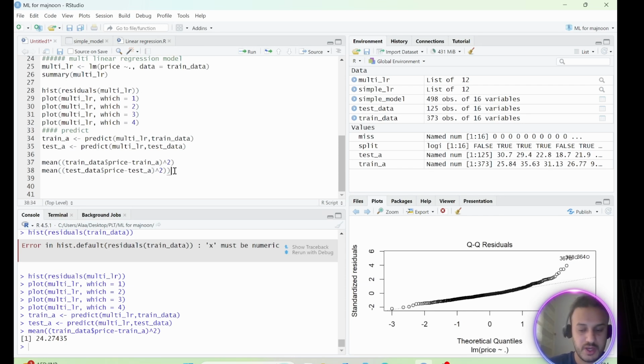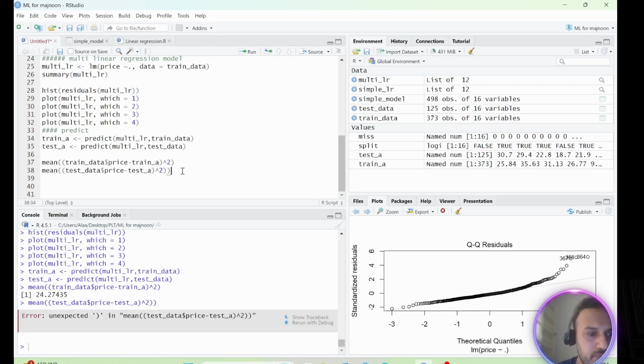So this is run, and what have I done? I have test data price minus test A, power 2, over 2. Okay, I have one from here, not two.